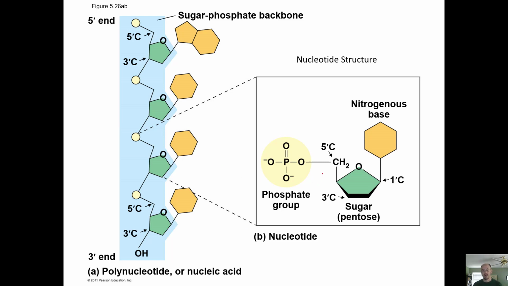These have the basic structure of a sugar, a 5-carbon sugar, a pentose, with a nitrogenous base stuck on one side here to the first carbon, and then on the 5th carbon up here we have a phosphate group attached. You glue a bunch of these together through a covalent bond, and you get what is known as a phosphodiester bond.